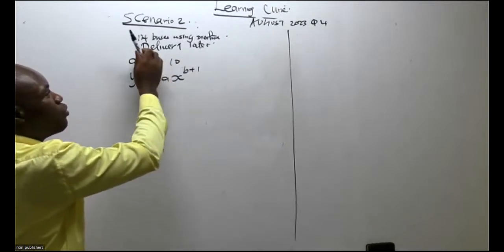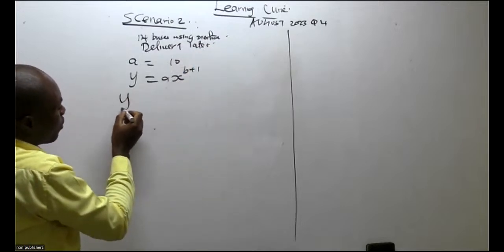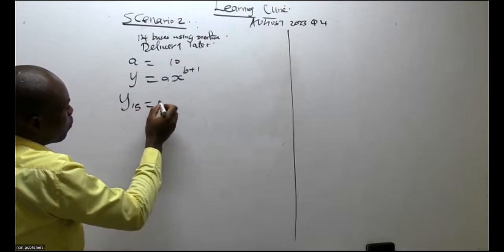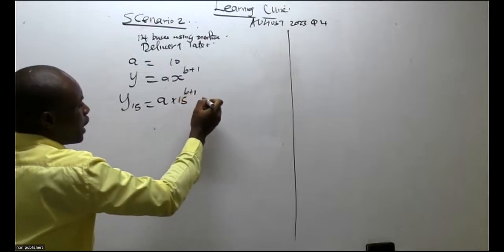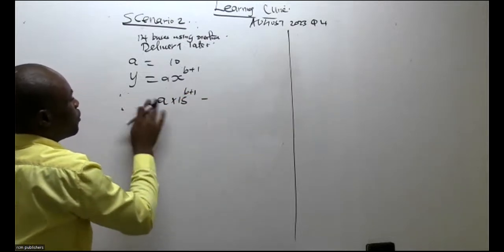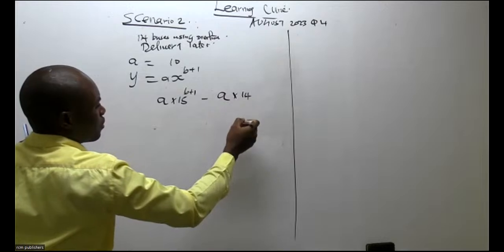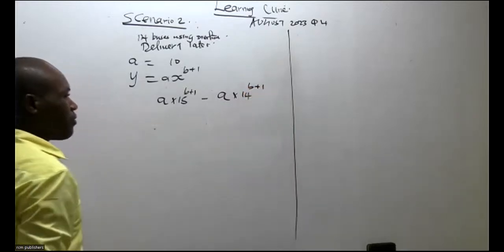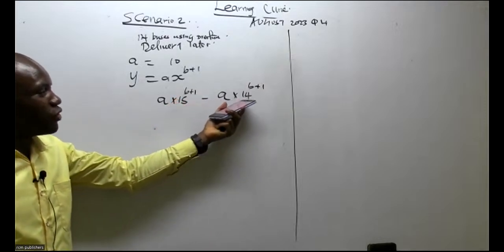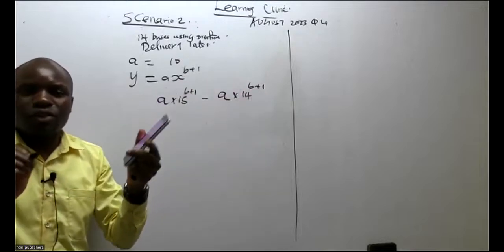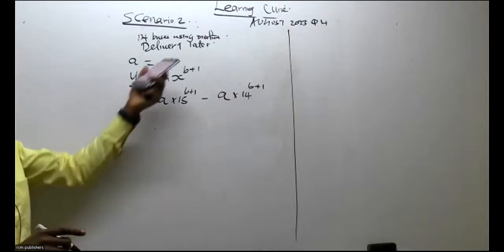For you to get the time taken to deliver this 1 bus, you need to give us Y at 15, which is equal to A times 15 B plus 1, less A times 14 B plus 1. If you take the time taken to produce the 15 buses, less the time taken to produce the 14 buses, that difference will enable you to get the time taken to produce the 15th bus, which they are going to deliver later.